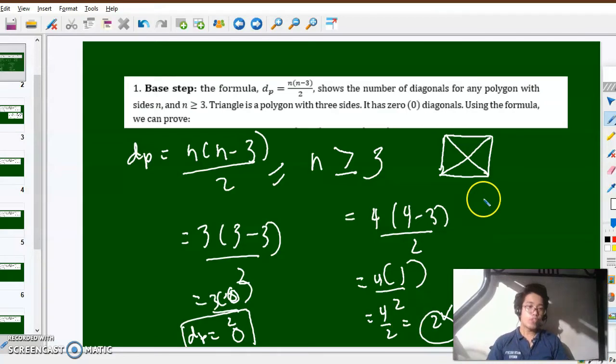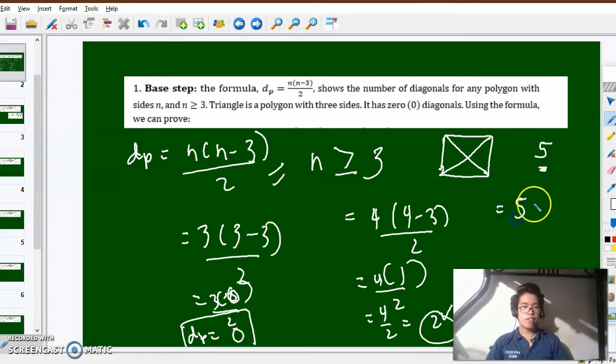How about the third? Maybe we can extend to the third. Is it still true for the third polygon that we have? That third polygon would be the pentagon, which has 5 sides. Let's substitute the number of sides into the formula.